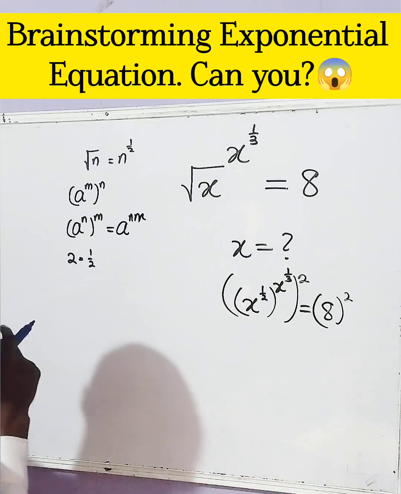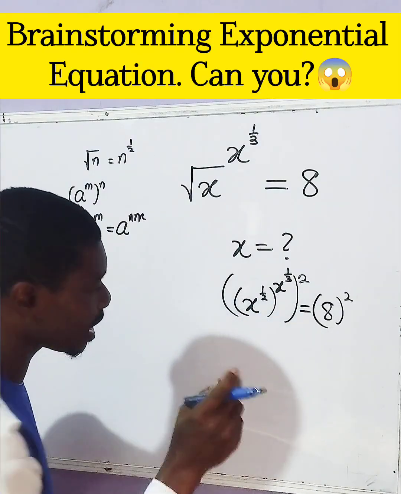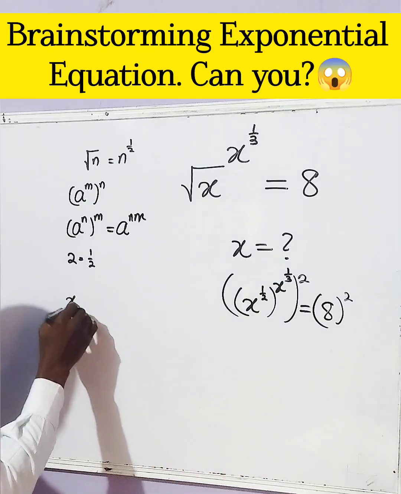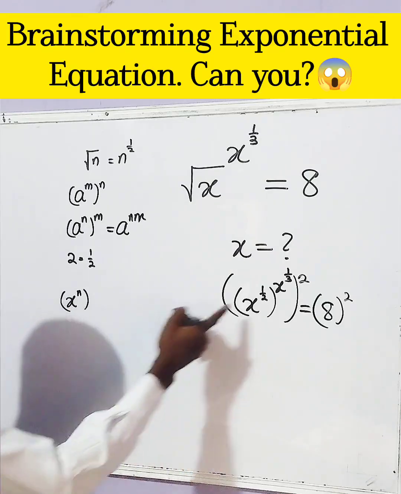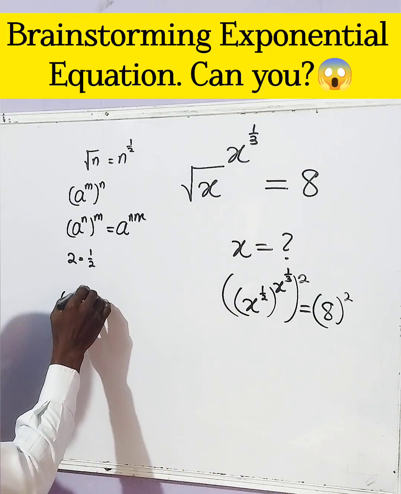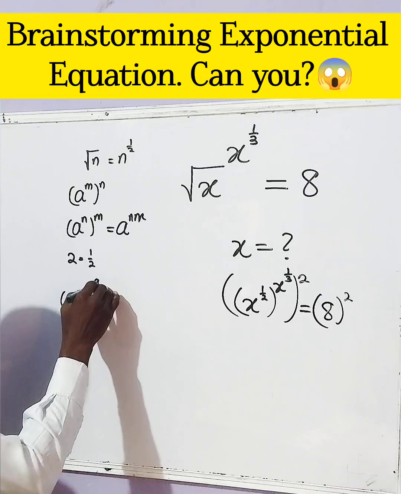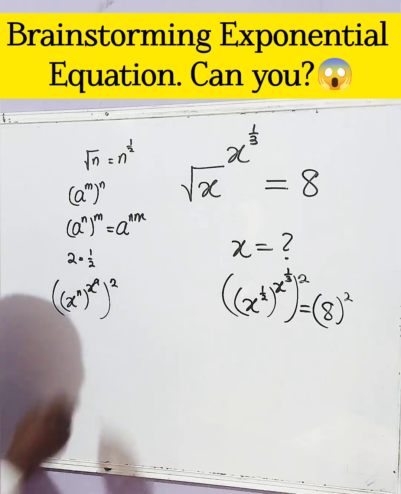If you take a look at this left hand side, let's say x is raised to n, now all raised to, let's say x raised to a, and I'm raising everything to 2.